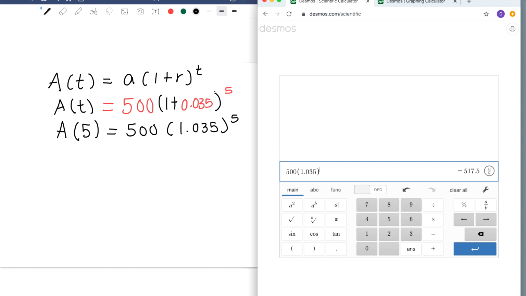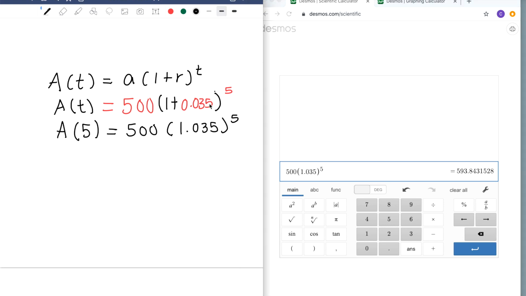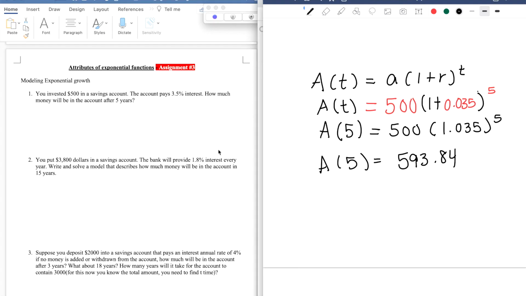That gives 593. So the question was, how much money will be in the account after 5 years? $593.84. So this extra $93.84 was just paid by the bank because of the interest that you got.